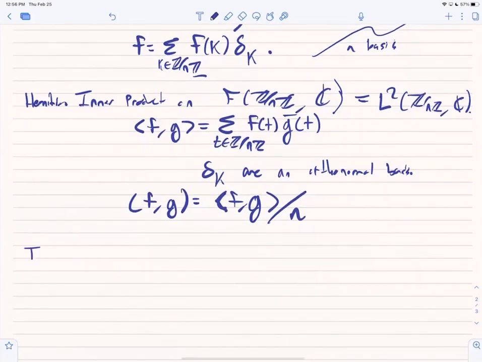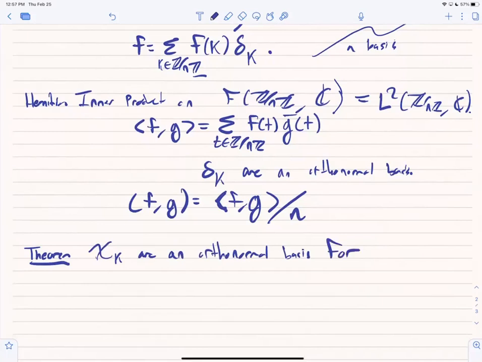The characters chi k are an orthonormal basis for the space of functions from Z mod nZ to C, equipped with the inner product (F, G), the inner product with parentheses, where I take the sum and divide by n.